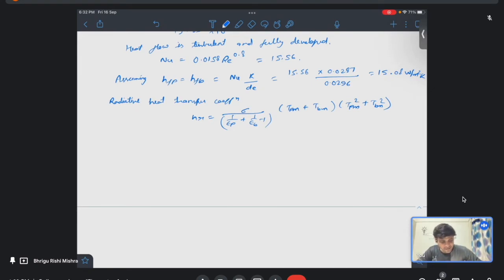Why we are considering this is because the temperature difference between TPM and TBM is not very high.